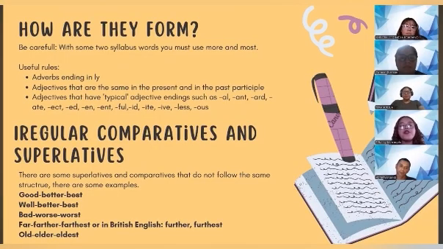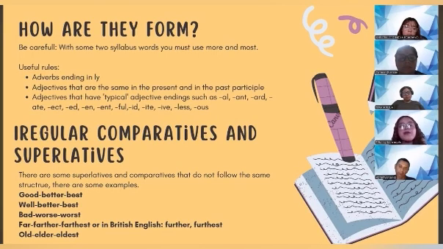For example, more interesting or most interesting. And lastly, if the word has 2 syllables, you have to be careful because there are some rules you must take into consideration. If the adjective or adverb ends in ly, or is a present or past participle, or has some specific endings that you see on my presentation, you need to use more and most, even though it's a 2 syllable adjective.